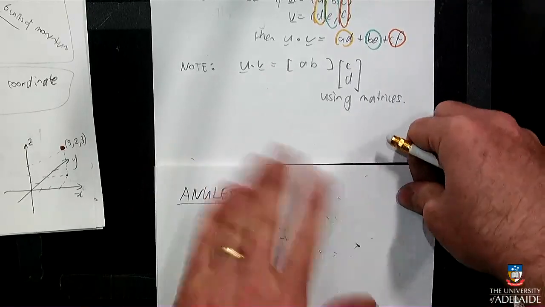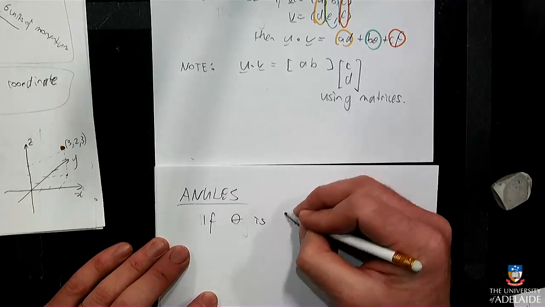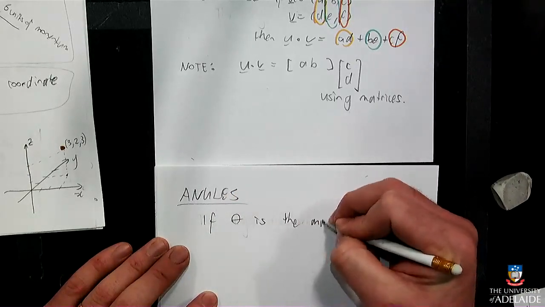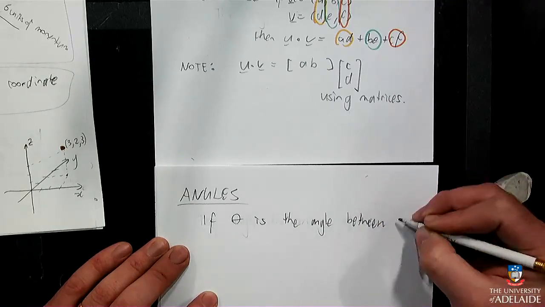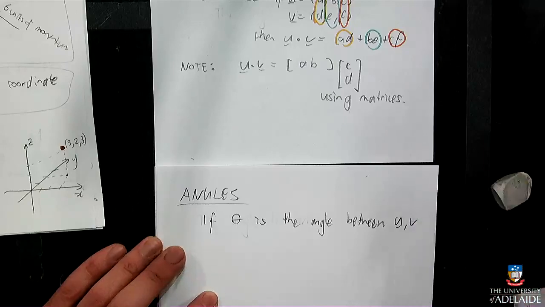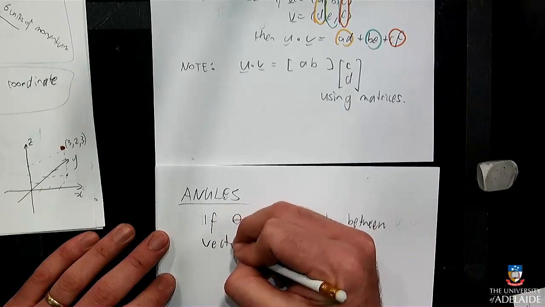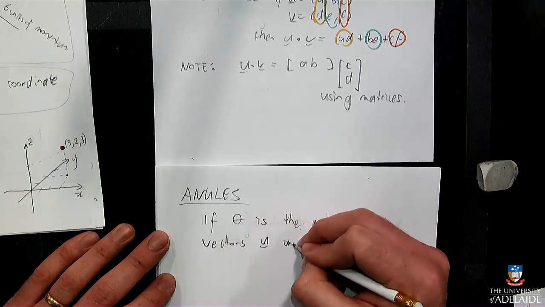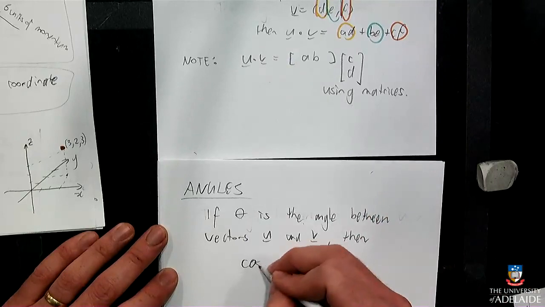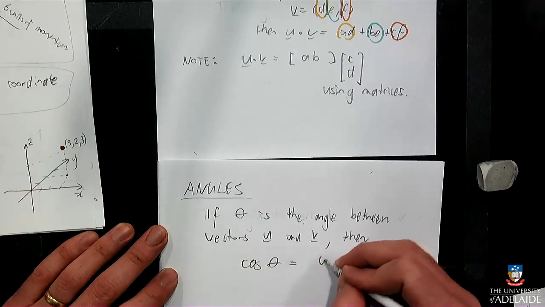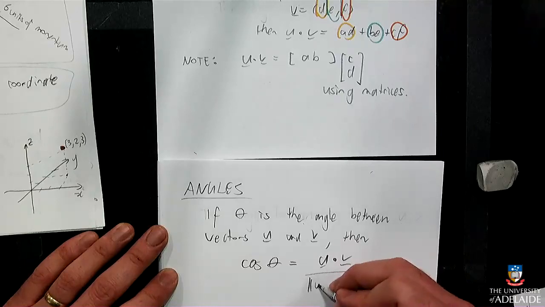I'm going to need to give a name to the angle between it. So if theta is the angle between vectors u and v, then cosine of theta is u dot v divided by the 2 lengths.